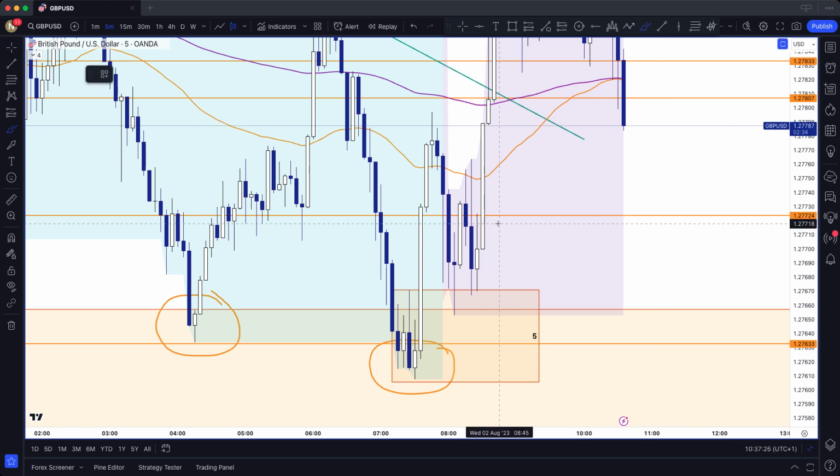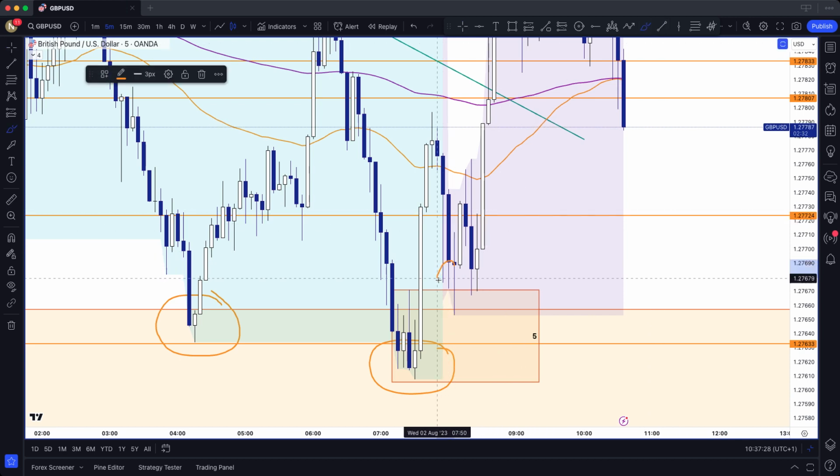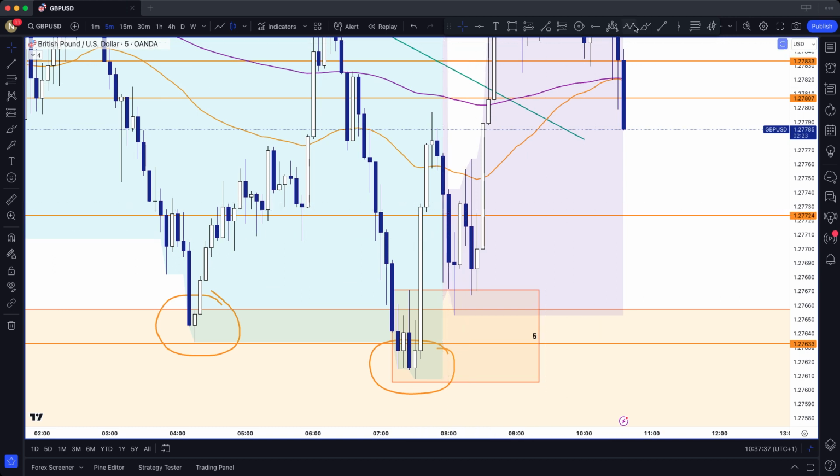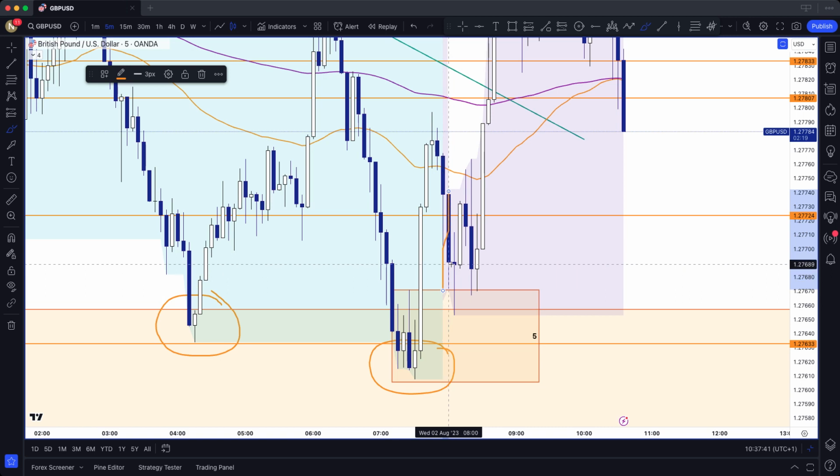Why? Because I see these 4 wicks, one very small, but I'm counting it as well. I see these 4 wicks rejecting this level. I see that right at the open at 8 o'clock, this candle slammed down very, very hard. This doji candle went below it. So at one point it looked like the price was continuing to the downside, but then it rejected very strongly.